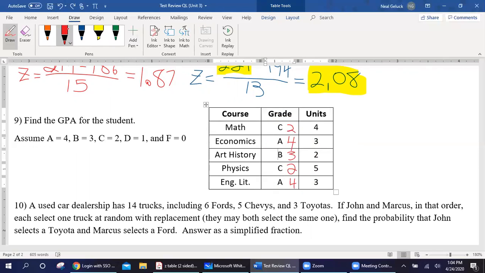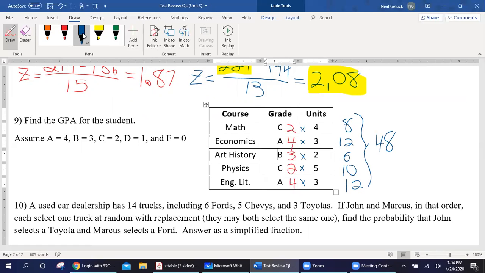So what we have to do is multiply the grade by the number of units. Add those together. If you add those together, you get 48.